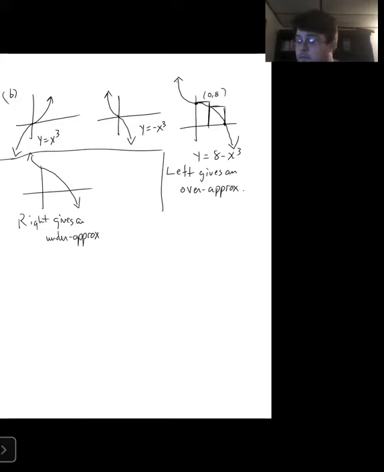The right gives an under approximation. Why is that? Well, the right-hand approximation looks like that. Maybe I'll fill in the rectangles. The right-hand approximation has that rectangle with area 0 and that other rectangle. So that's how I would have concluded it with a drawing. Or you could have said the one is larger than the other, and it's a positive function, so the larger one is an over approximation.